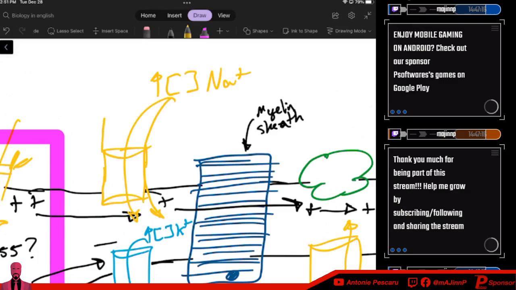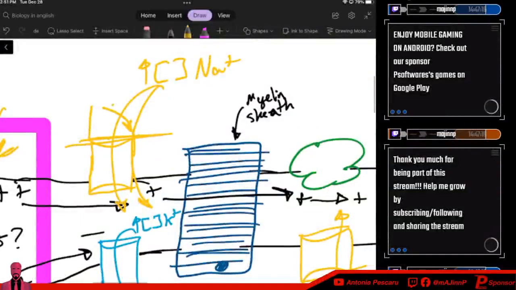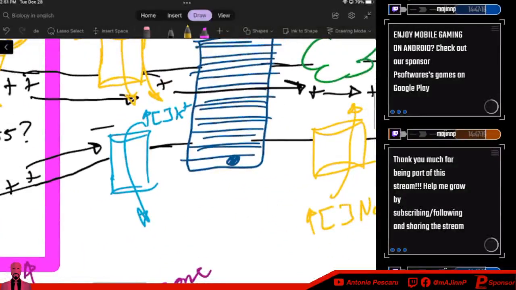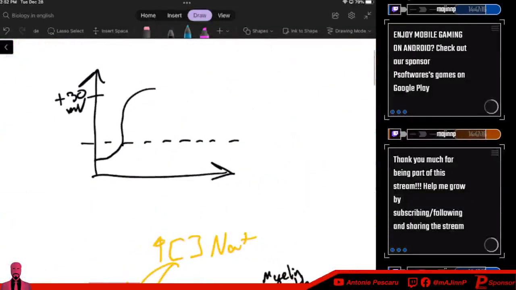So this is going to close its doors, meaning there's no more incoming sodium. And the same thing for the potassium. It's going to close its door like this, so that no more potassium can go out.